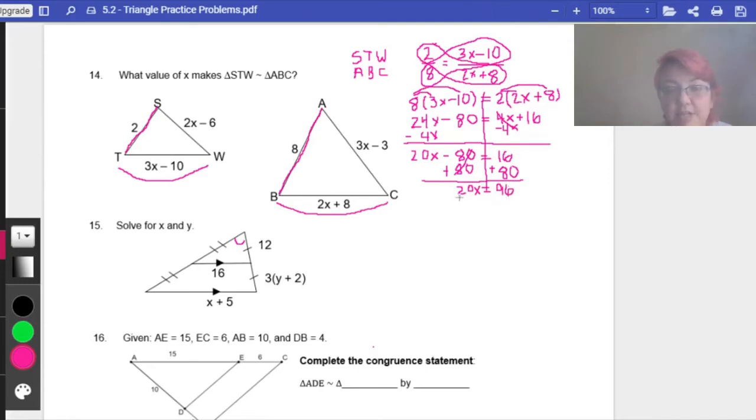Let's divide both sides by 20. All right, and I'm going to grab my calculator to do that. 96 divided by 20. I got a decimal. Does that mean I'm wrong? No. Nope, decimals are perfectly fine as answers. X is equal to 4.8.